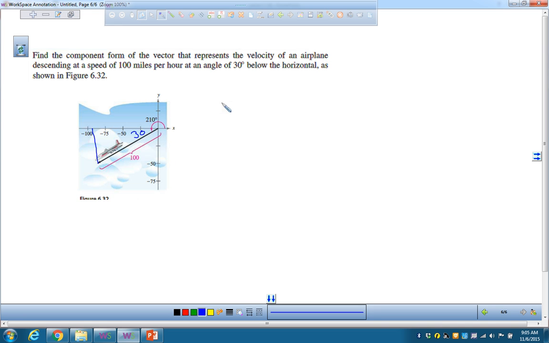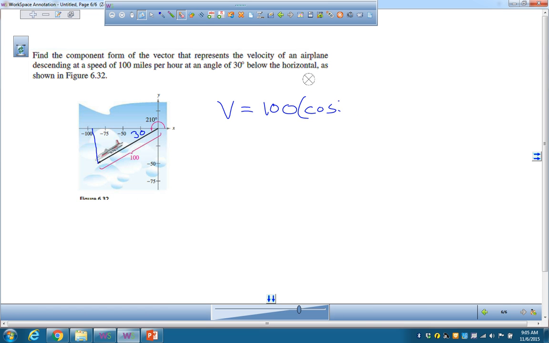So V is equal to 100 times the cosine of 210 in the I direction, plus sine of 210 in the j direction.